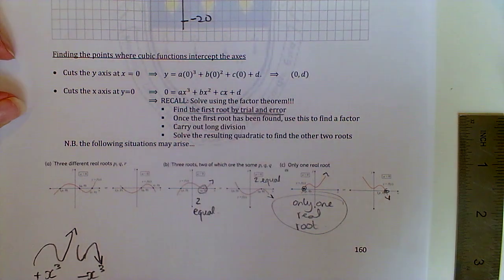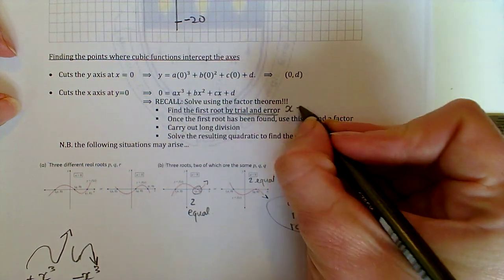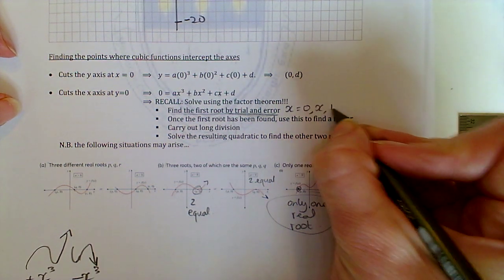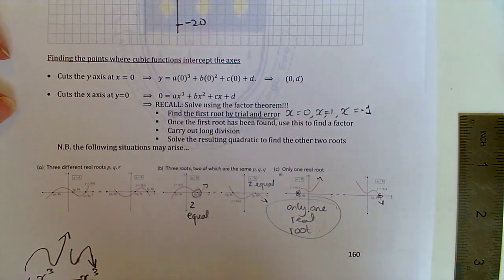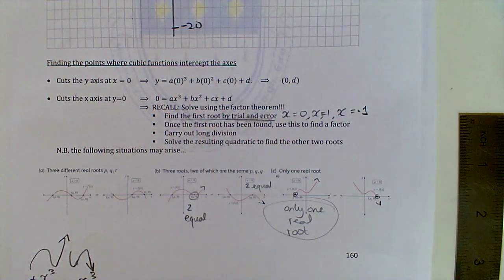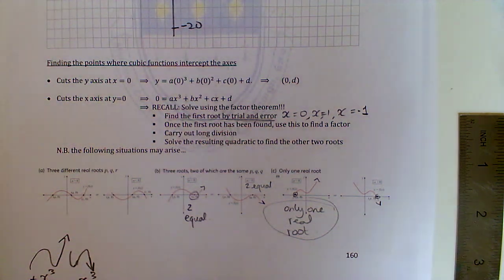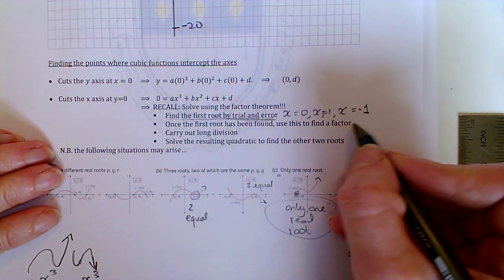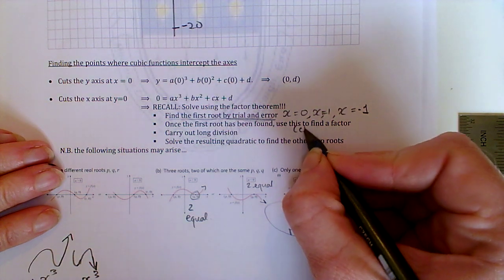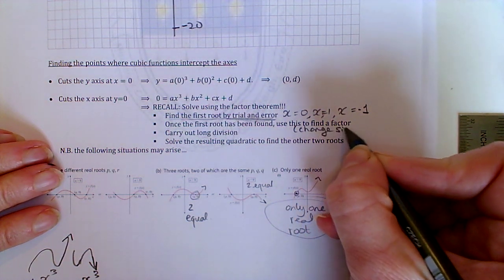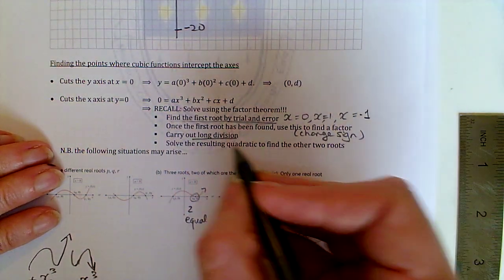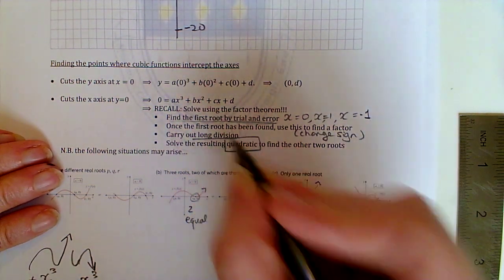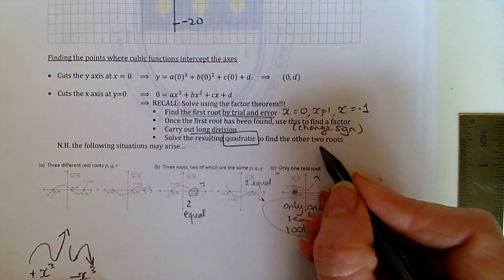You try out different values for x, like x equals 0, x equals 1, x equals minus 1, and it will always be within the first three if they've asked you to solve it with no other information. And then you use that to find the factor by changing the sign. And then you do long division, which gives you a quadratic to find the other two roots.